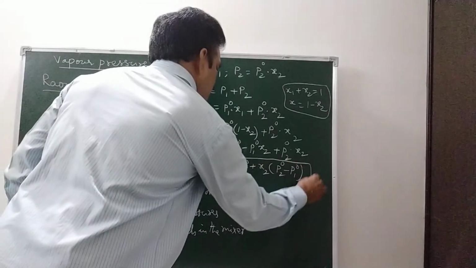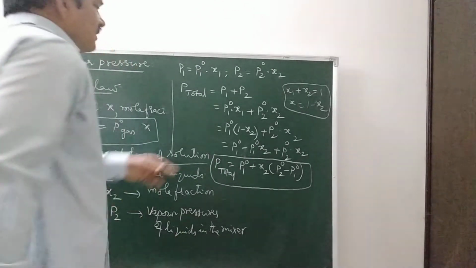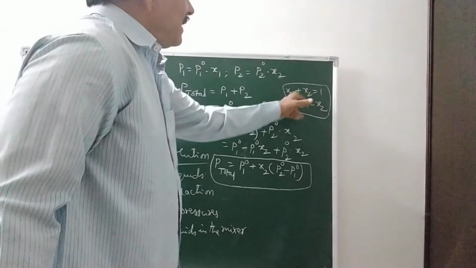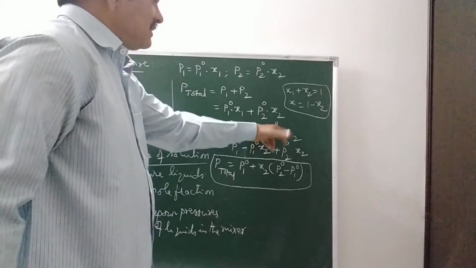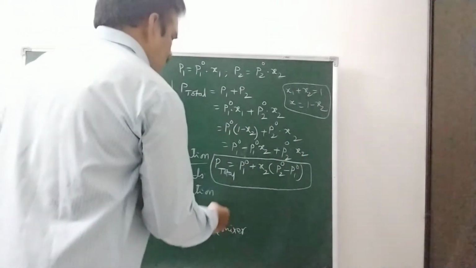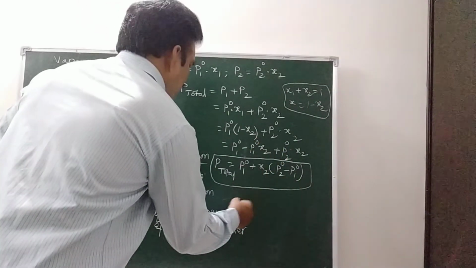P total is equal to, we can write like this, in place of x2 we can write 1 minus x1. So if we write 1 minus x1, then what happens?